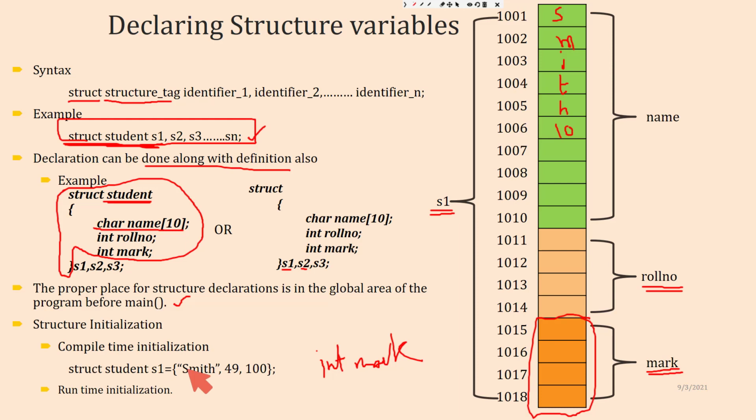Then 49 will be stored in the roll number and 100 will be stored in the mark. This is compile time initialization. During the time of compilation itself, the program knows the values of the structure variable. Every structure variable will contain some fields, and when we store values, we have to store them separately.